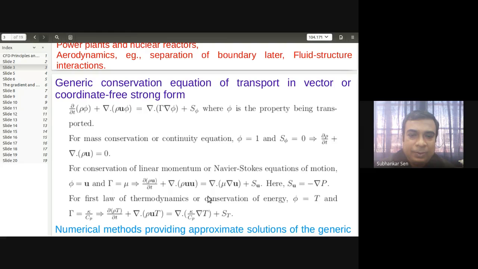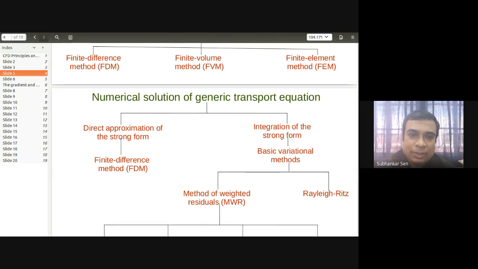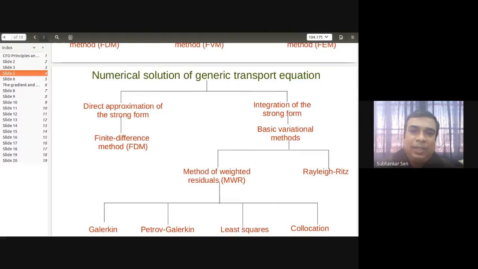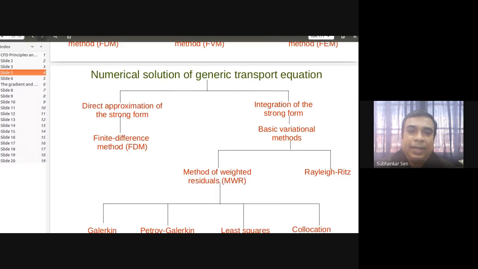So here we are classifying these discretization techniques. There are two foundations: direct approximation of the strong form. We start the approximation directly from the original equation. We don't integrate it explicitly. If we do that, then we say that we are using the finite difference method.